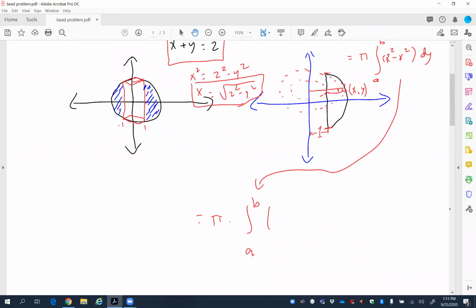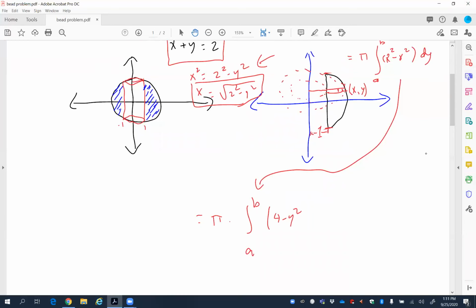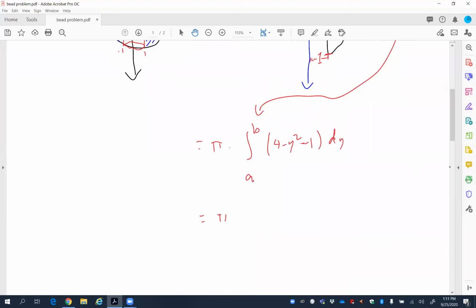So x squared, from the calculation here, is 4 minus y squared, and then minus small r squared, which is minus 1. So this is actually the integral from a to b of 3 minus y squared dy.